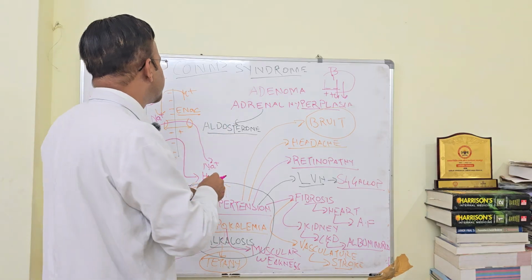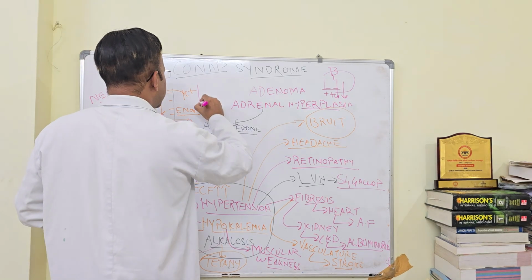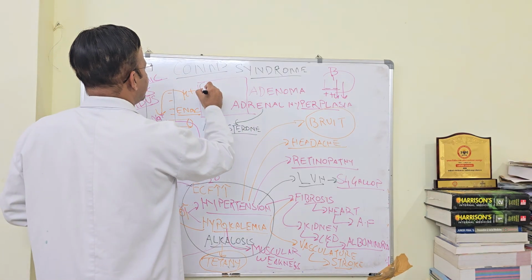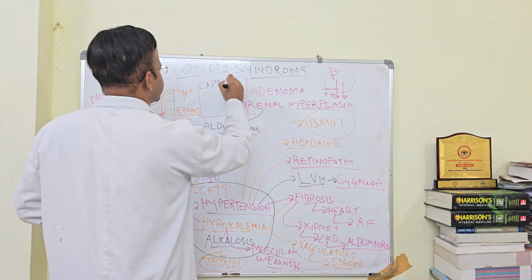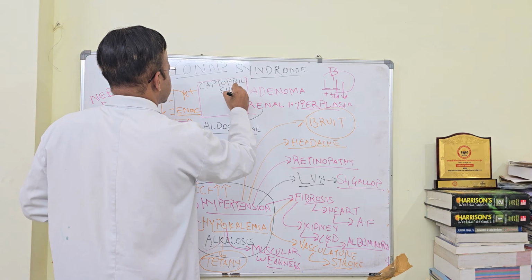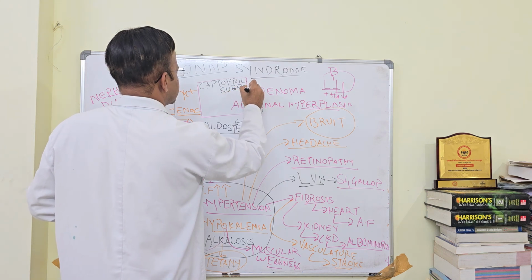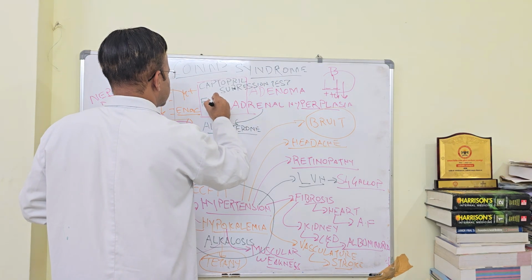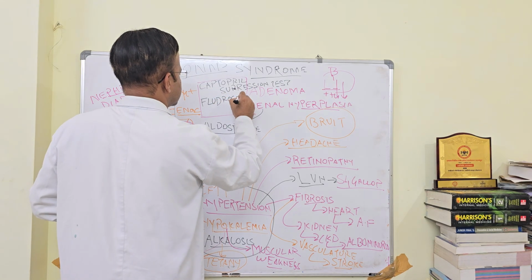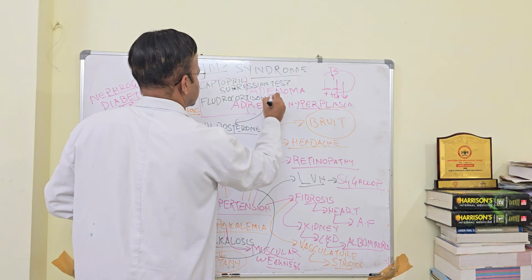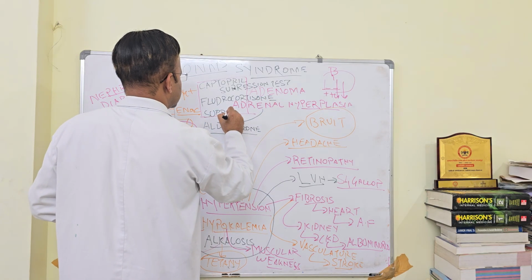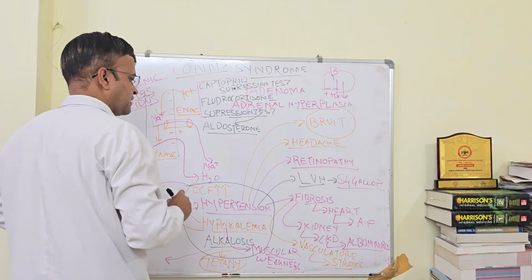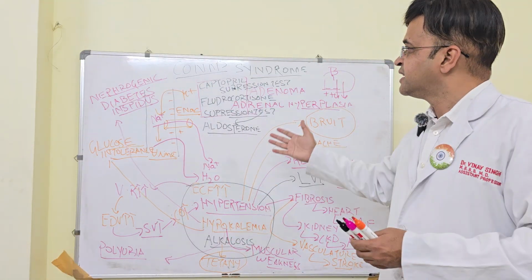So the two suppression tests we do to differentiate between Conn's and Liddle syndrome are the captopril suppression test and the fludrocortisone suppression test. So this is in brief about Conn's syndrome.